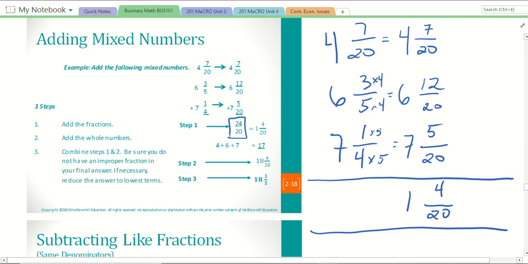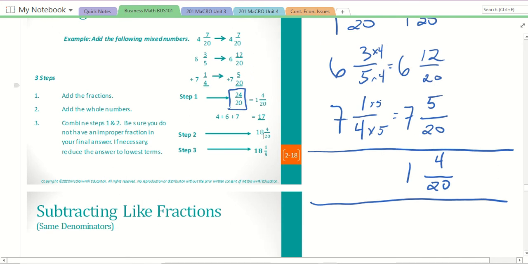So now we're going to add 4 plus 6 plus 7, and that's going to give us 17. Then we add the 17 to this, and now we get 18 and 4/20, which can become 18 and 1/5, and this is our final answer. We can reduce because 4 goes into 4 once, and into 20 5 times, and we get our final answer.